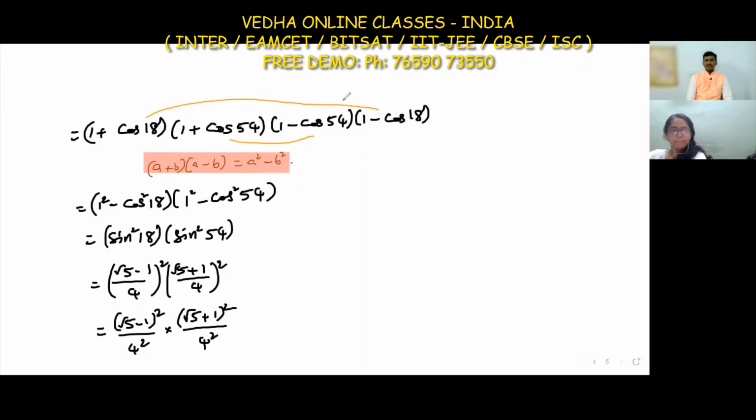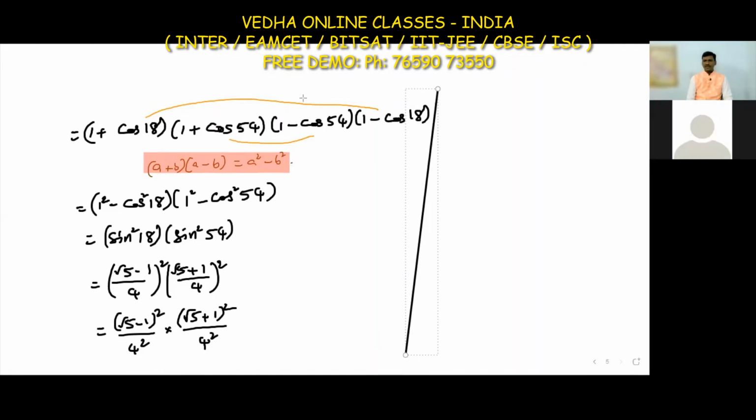Then using the a minus b whole square formula, a square plus b square minus 2ab, 2 into root 5 into 1, divided by 4 square which is 16.